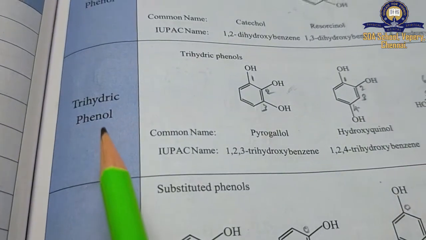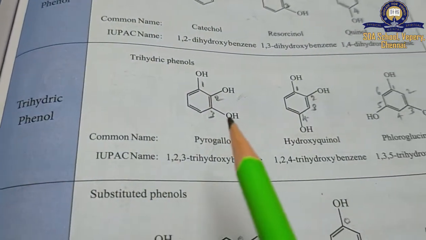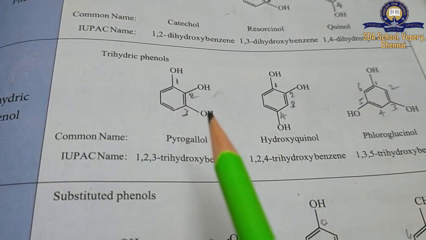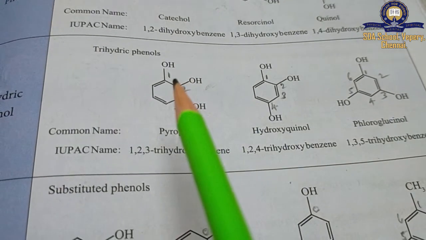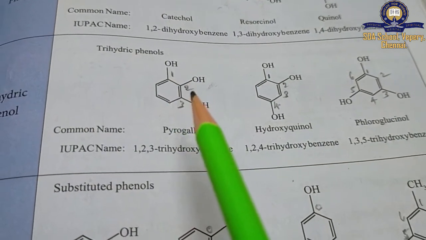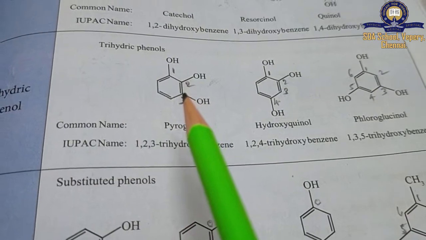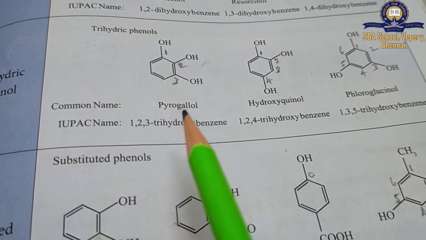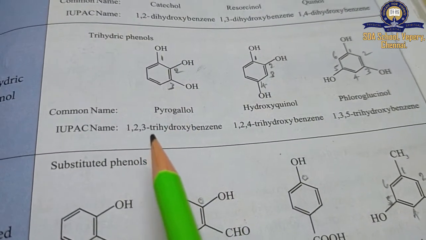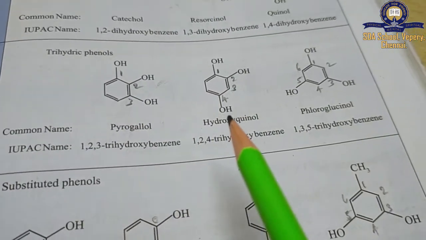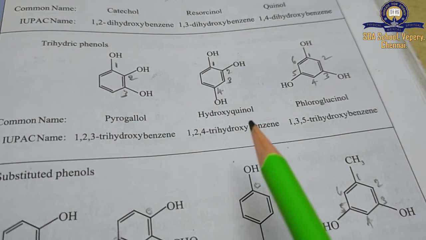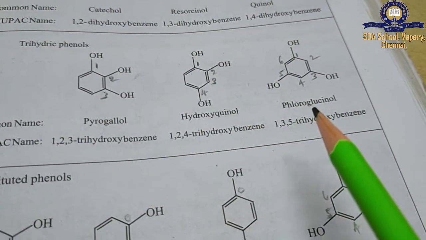Then trihydric phenol, where 3 OH groups are present on the benzene ring at the first, second and third positions continuously, that is pyrogallol, 1,2,3-trihydroxybenzene, as well as hydroxyquinol, then phloroglucinol.